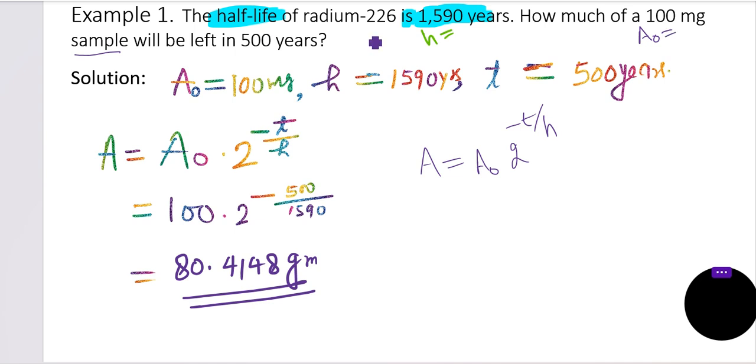How much will be left in 500 years, so the time is 500. We substitute in the rule: A naught is 100, t is 500 years, and h is 1590. To calculate this on the calculator: 2 power minus, 500 divide 1590 in bracket, later multiply by 100, then you will get this answer.